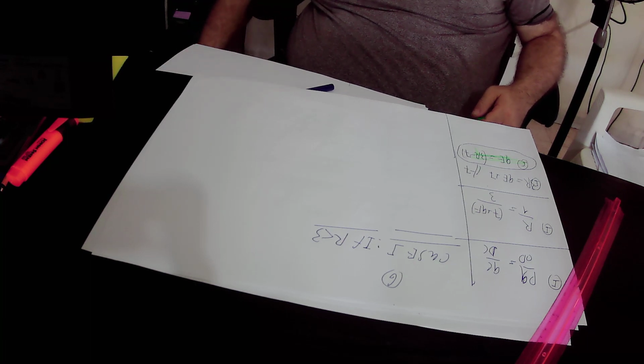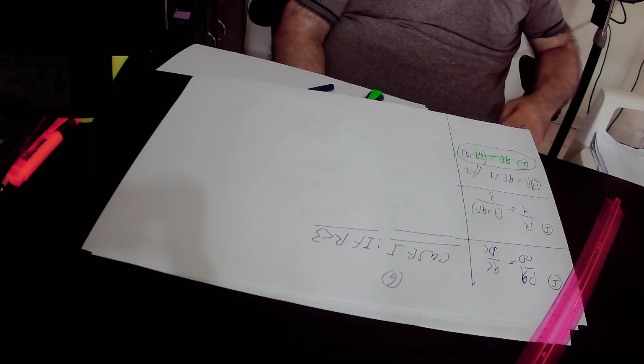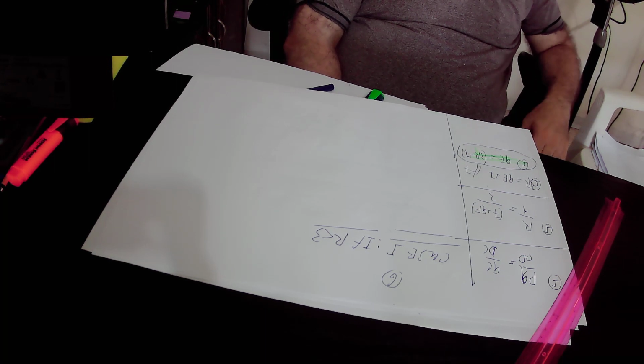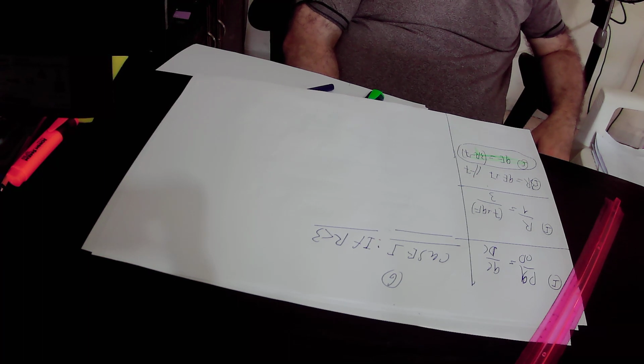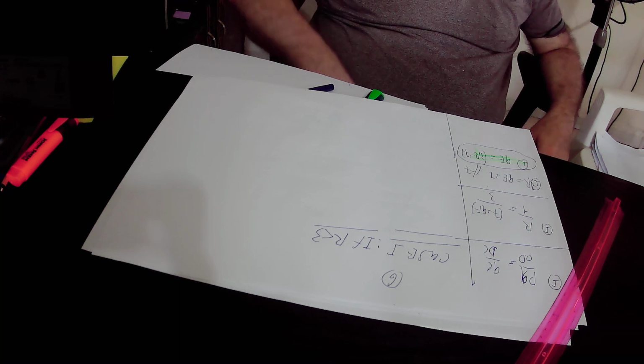Only 2 possibilities. There are no other possibilities because radius is a length, and a length must be a positive number.